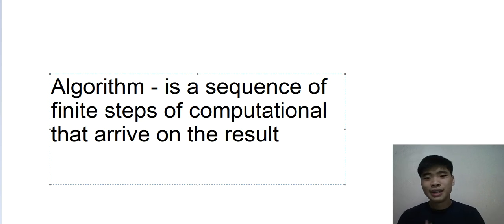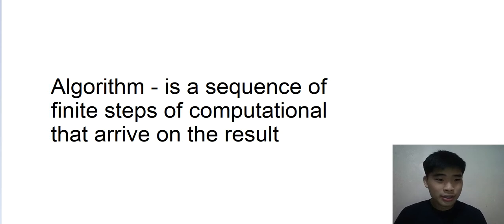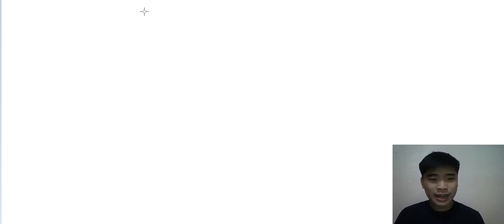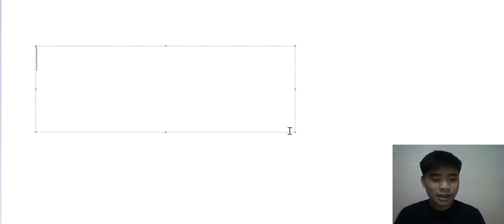So there are tons of algorithms in computer science, and before we discuss some basic algorithms, let us discuss first the properties. I devised a mnemonic so that we could be more familiar with the properties of an algorithm.